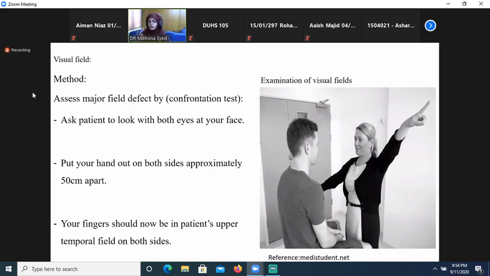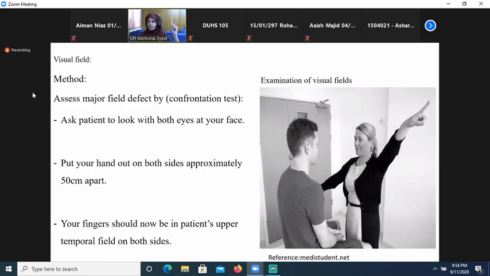You put your hands on both sides like this, approximately 50 centimeters apart, midway between the patient and the examiner. Now, as shown in the picture as well, first your fingers should be in the patient's upper temporal fields on both sides. You wiggle your finger and ask the patient which finger is moving, or in which hand the finger is moving.